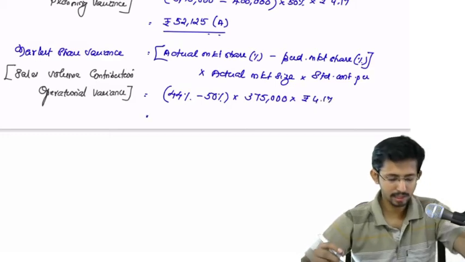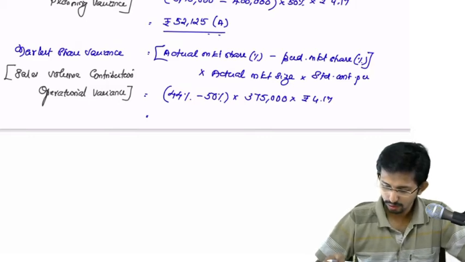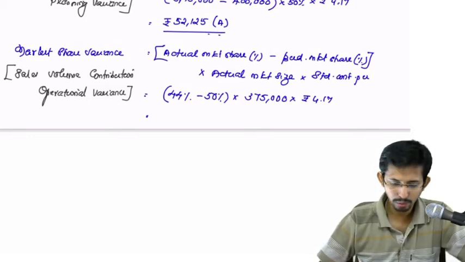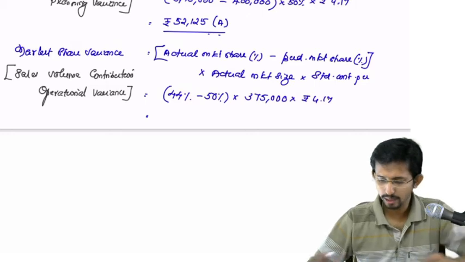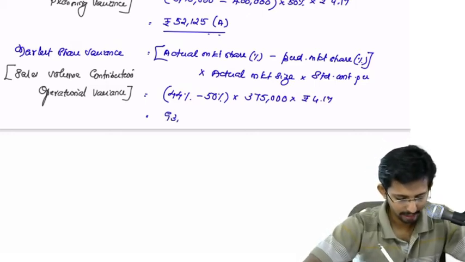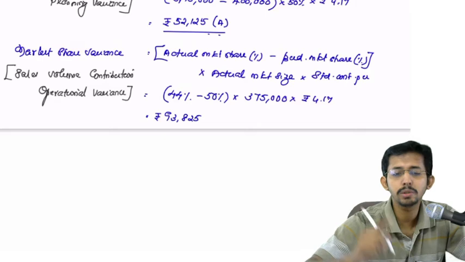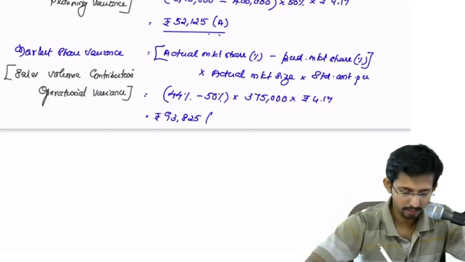So 3,75,000 into 0.06 will be 22,500 into 4.17. That will give you 93,825. Tell me, is it a favorable or adverse variance? It will be an adverse variance because your market share reduced.